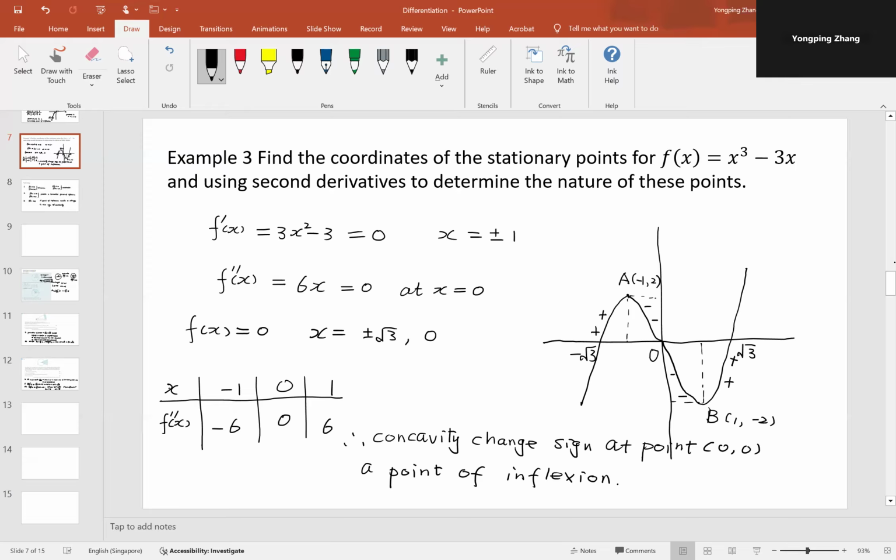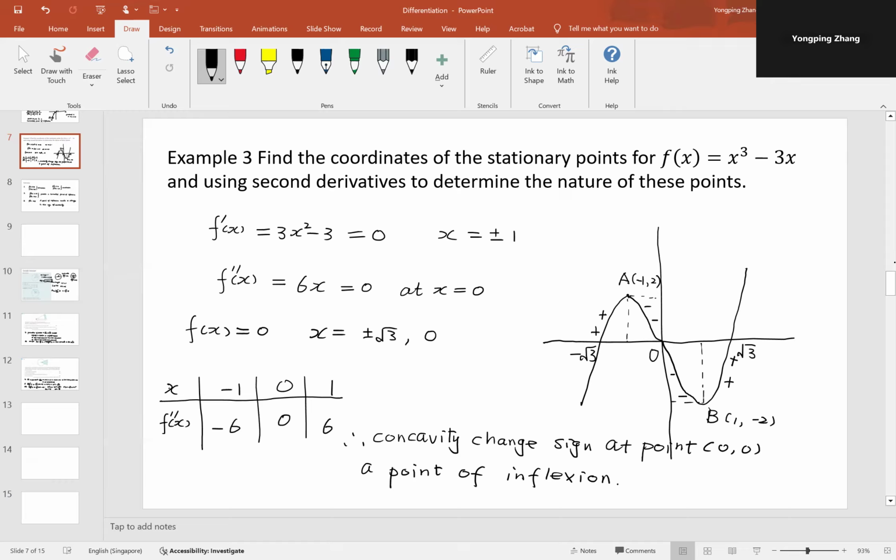Now for the point at the origin, the second derivative at this point equals 0. We can see that the gradient for this part is negative, and this one is also negative. So the gradient goes from negative to 0 to negative.